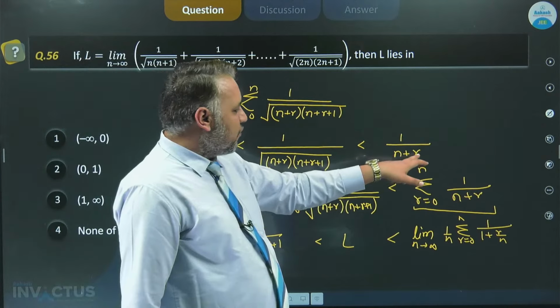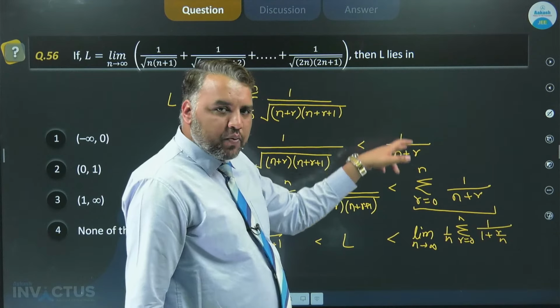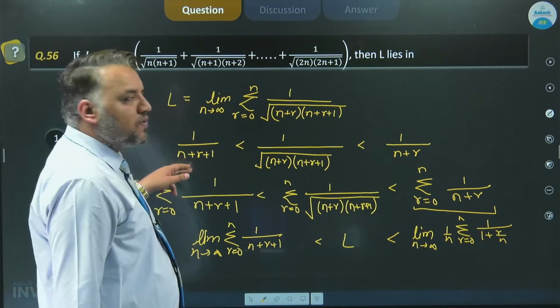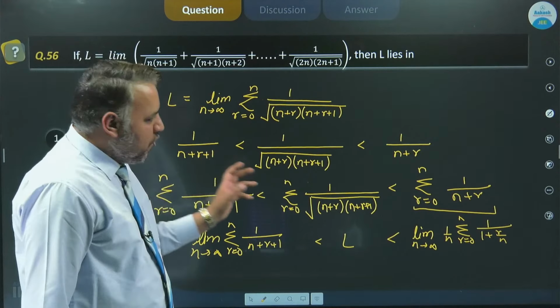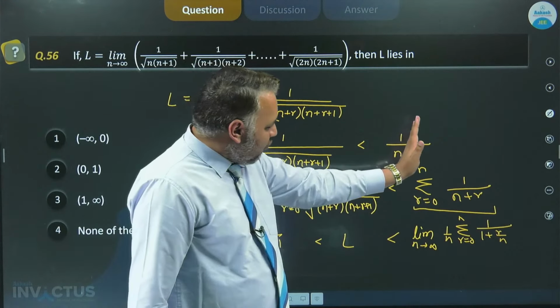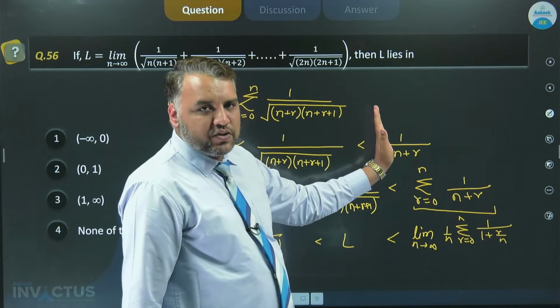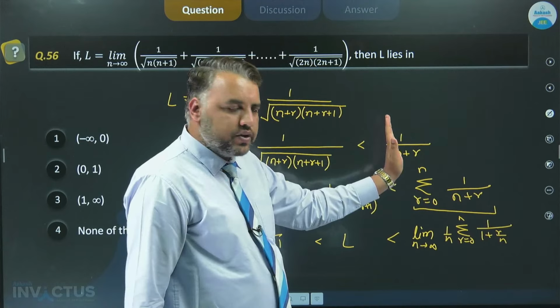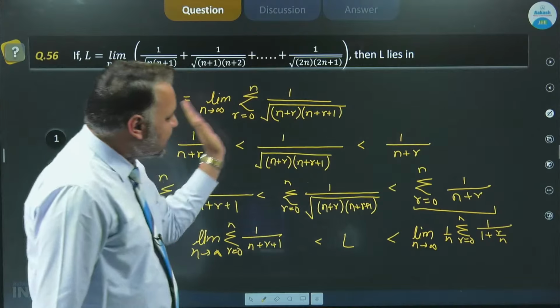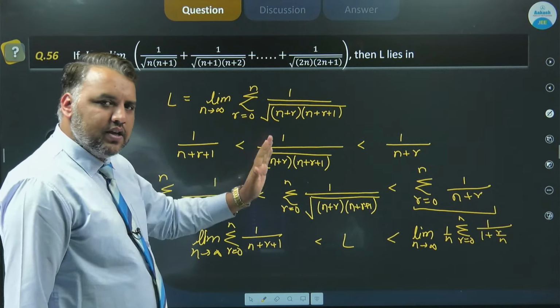Here if you start r from 0, then you are starting this series from 1 upon n, and here you are starting the series from 1 upon n plus 1. You can avoid 1 upon n here, because as n tends to infinity, 1 upon n will tend to 0. So both the sums will tend to the same value.